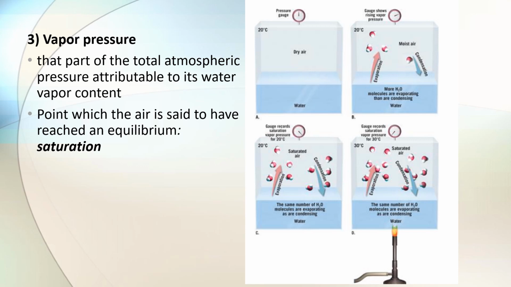And in figure D, when the container is heated from the bottom, from 20 degrees Celsius to 30 degrees Celsius, as the temperature is written here, the rate of evaporation actually increases, causing the vapor pressure to increase until the new balance is reached.